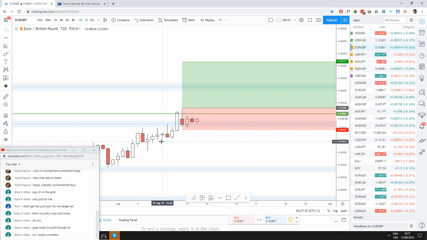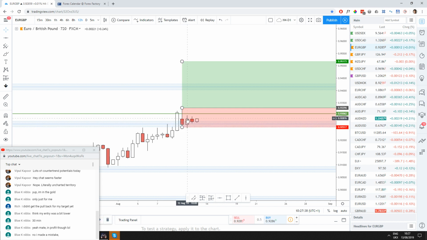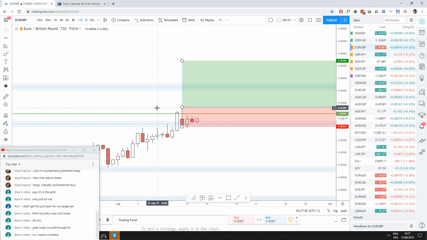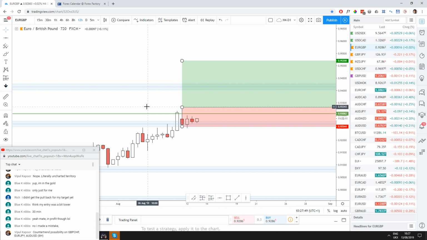I'm going to have a pretty big stop loss. I want to see at least a break above these highs here, so at least above 0.9334.